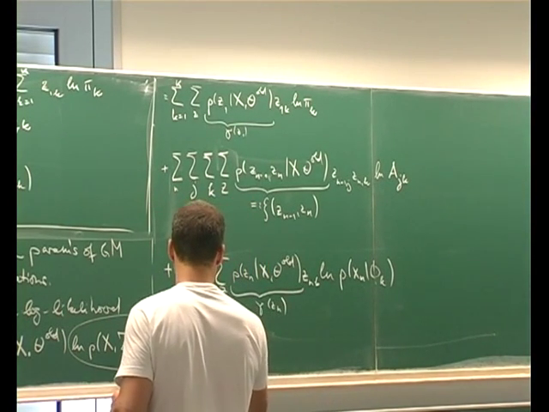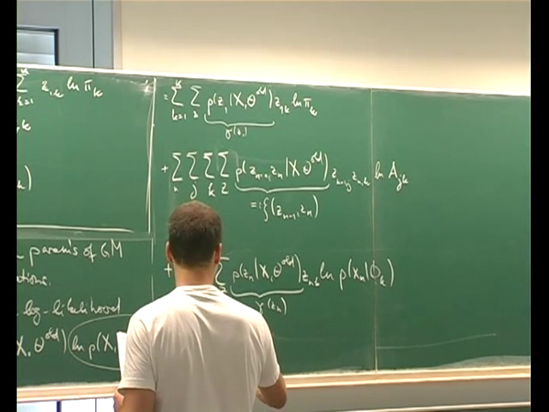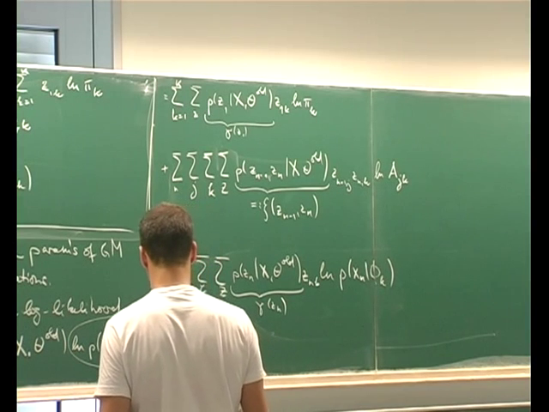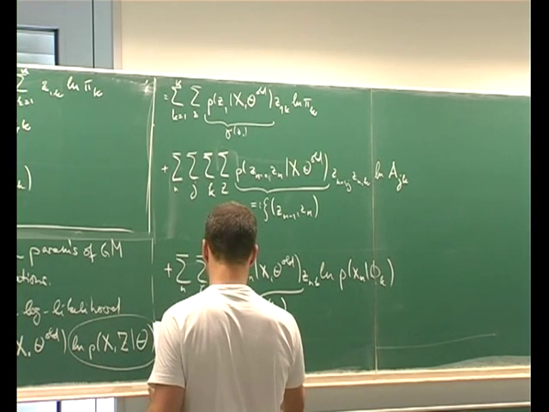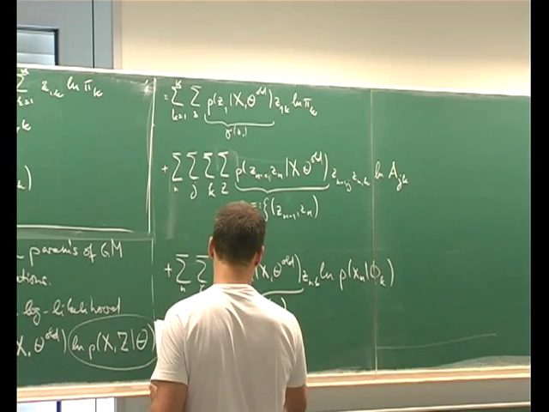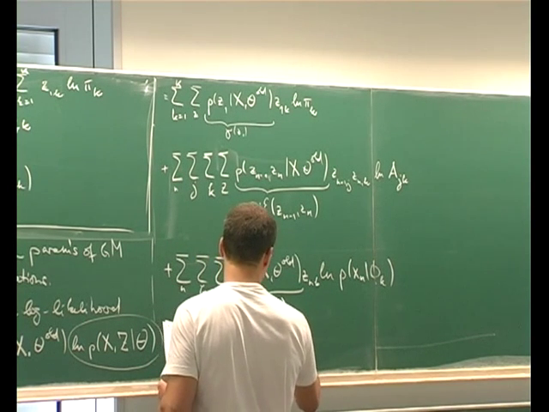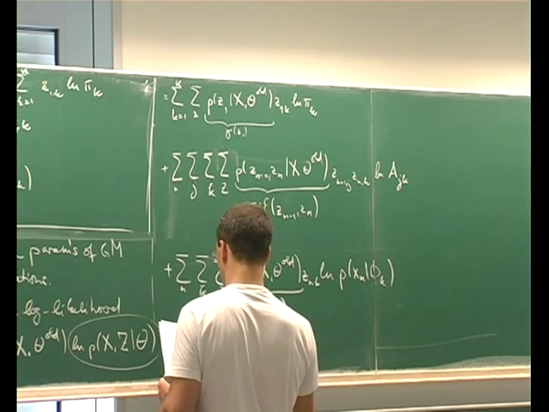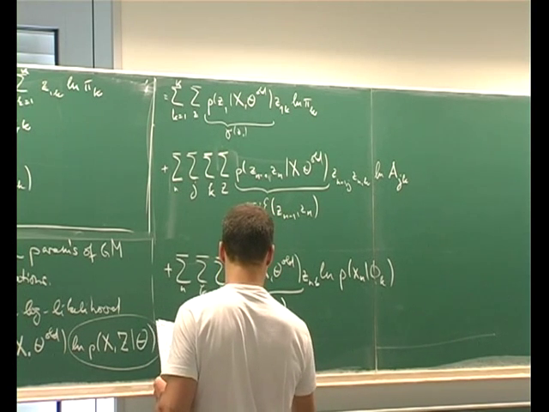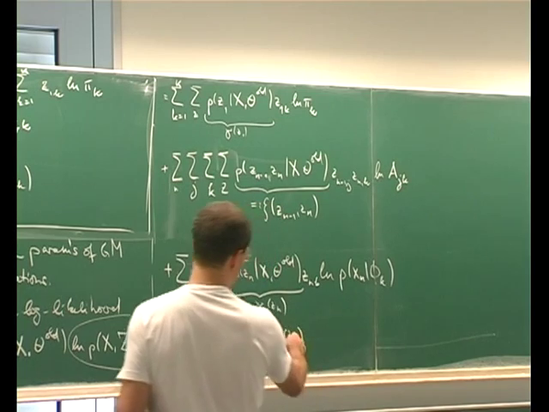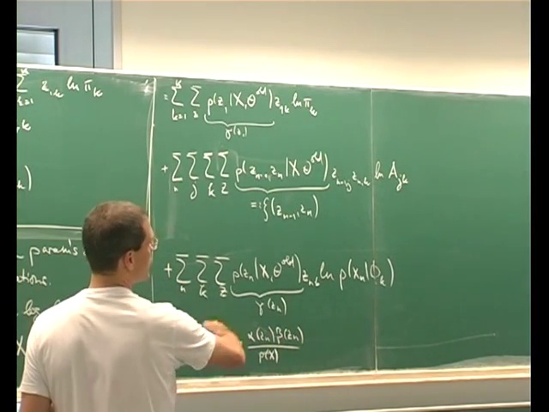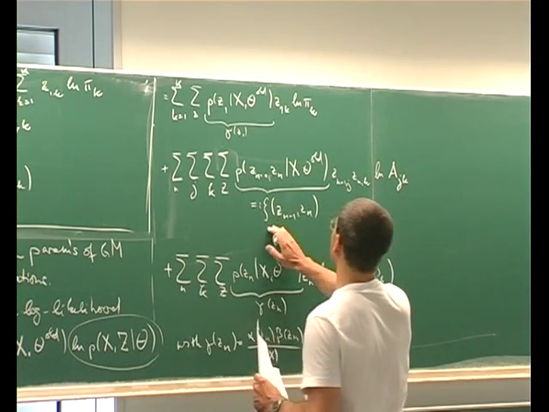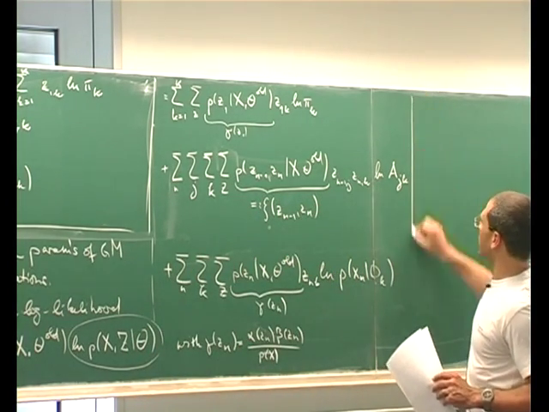When we derived how beta could be obtained recursively, we had noted that gamma of z_n could be obtained as alpha of z_n times beta of z_n divided by the probability of x. So each of these we know how to compute cheaply. The only unknown so far is this one here. So let's look at this psi.